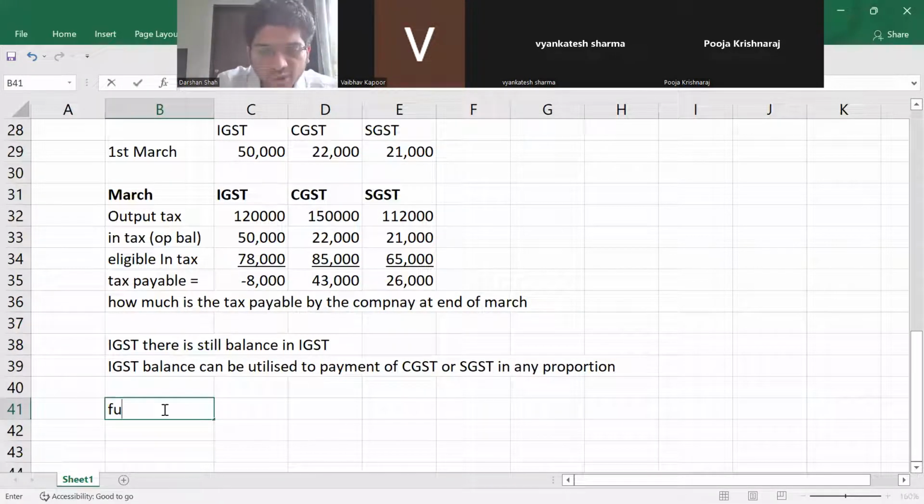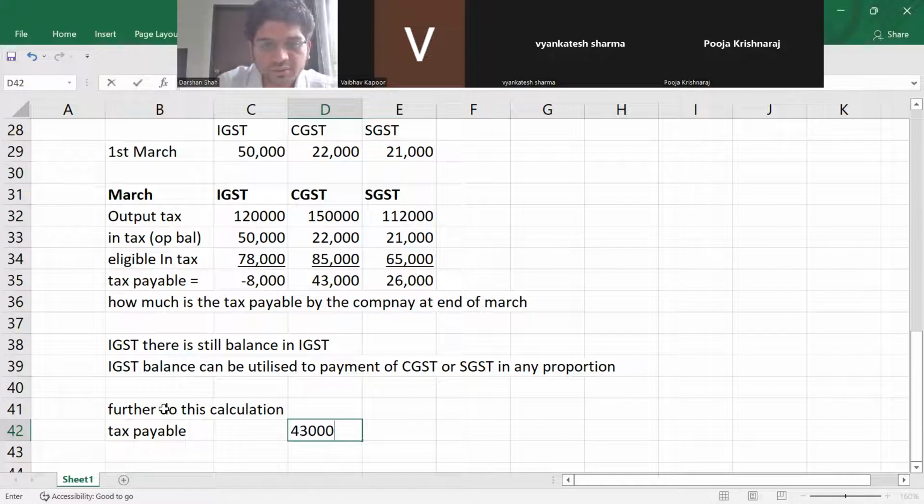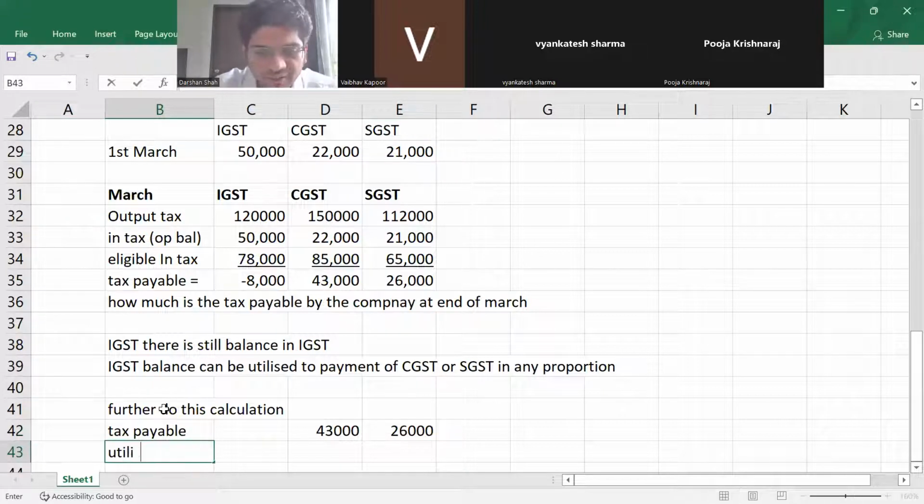So I can further do this calculation. My tax payable, CGST was 43,000 and SGST was 26,000, and I have further utilized the remaining IGST.